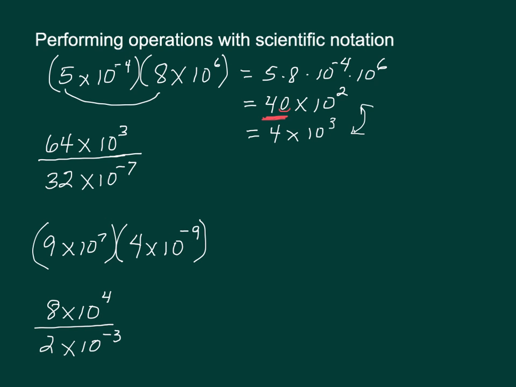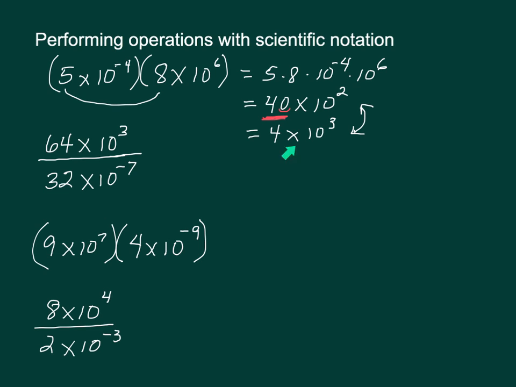If you have 40 times 10 to the 2nd power, what was 10 to the 2nd power? It's 100, right? Well, 40 times 100 is what? 40 times 100 is 4,000, right? But 4 times 10 to the 3rd is 4 times 1,000, because 10 to the 3rd is 1,000.